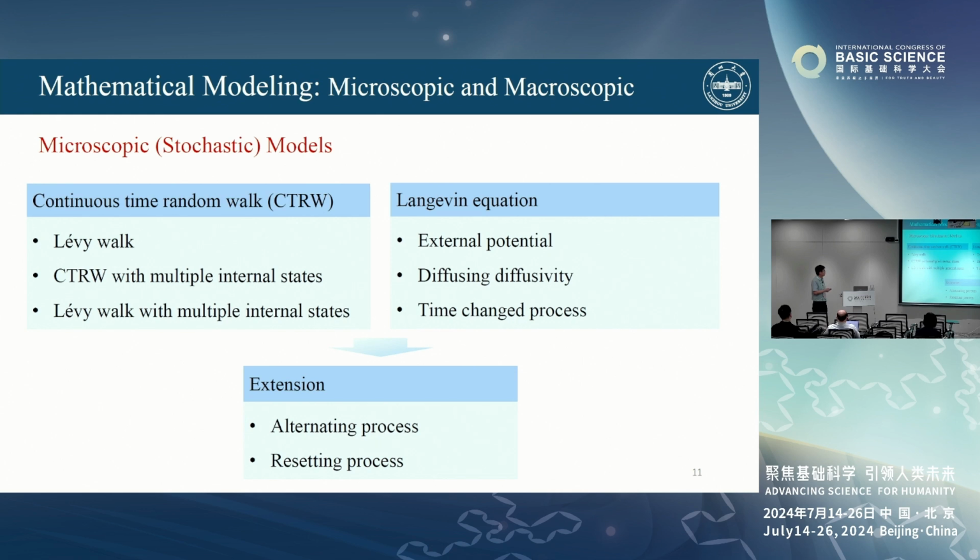So we do the so-called mathematical modeling. Mathematical modeling is to build a stochastic process to describe all these kinds of experimental observations. We try to build some stochastic process to describe them.